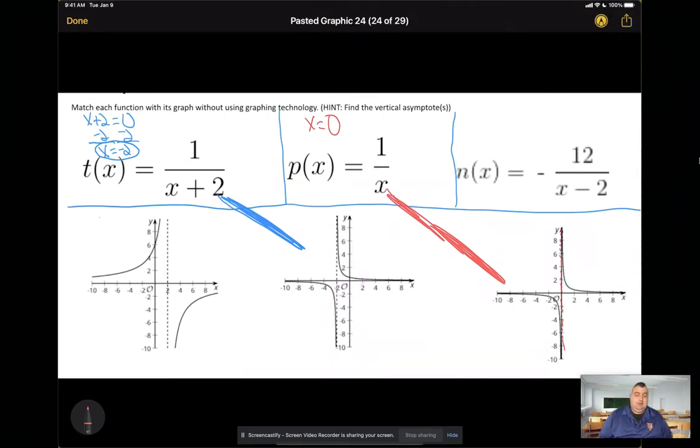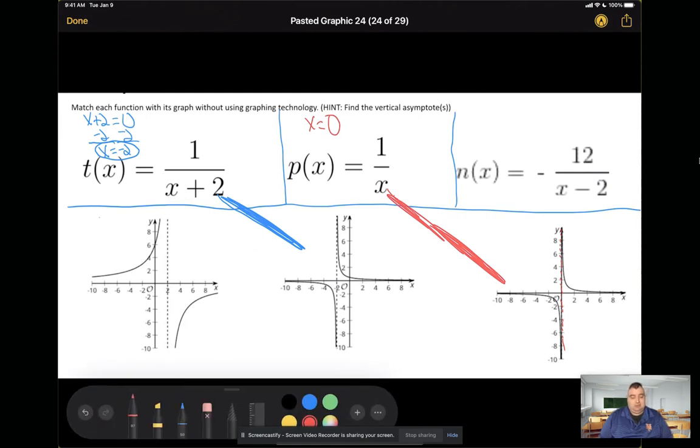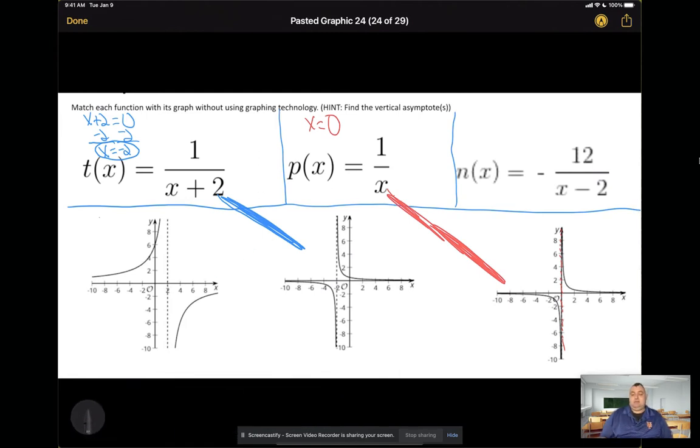And then process of elimination says that this is going to match up with this, but let's just double check for the sake of this problem. If I take the denominator here, x minus 2, and set that equal to 0, I can add 2 to both sides, and I end up with x equals 2.